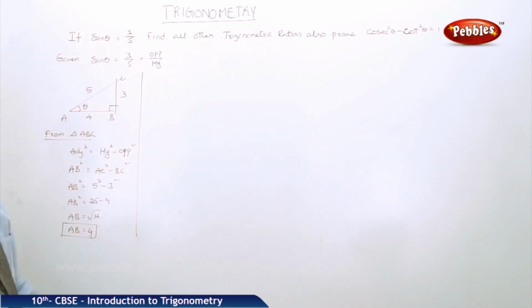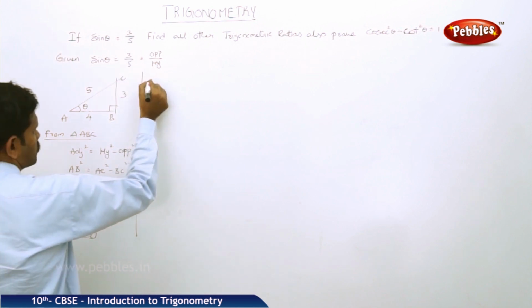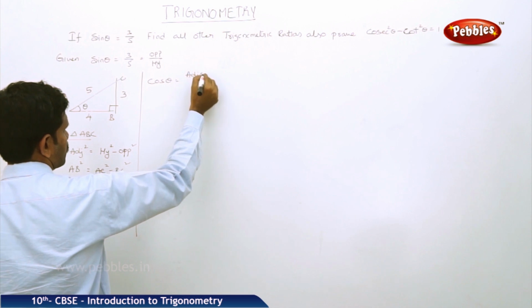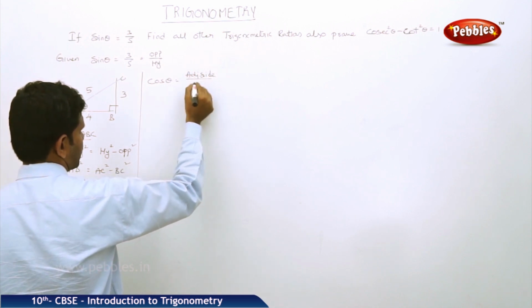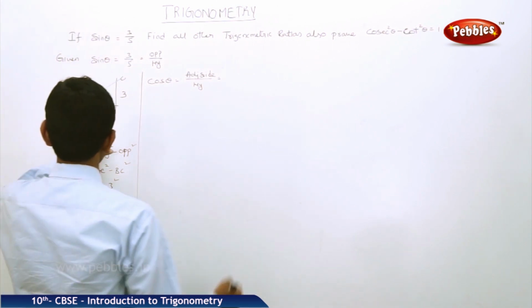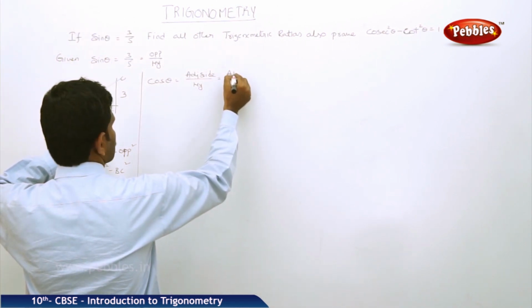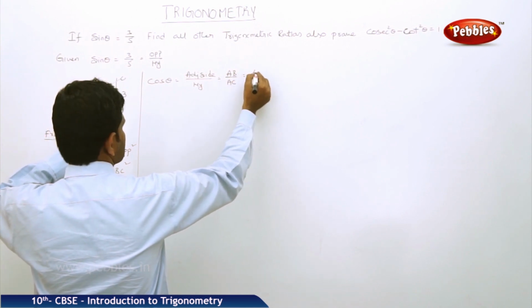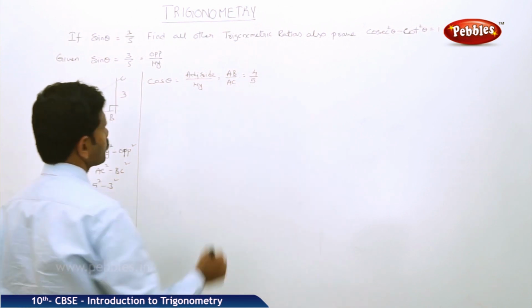Now find all other trigonometric ratios. Sin is given; next, cos theta. Cos theta is adjacent side by hypotenuse. The adjacent side is AB, which is 4, and the hypotenuse is AC, which is 5. So cos theta is 4 by 5.